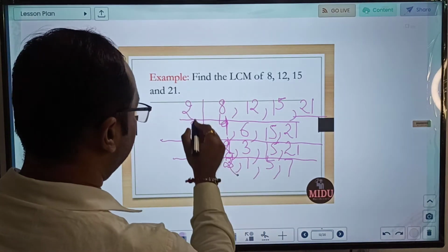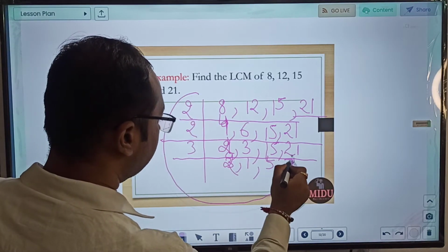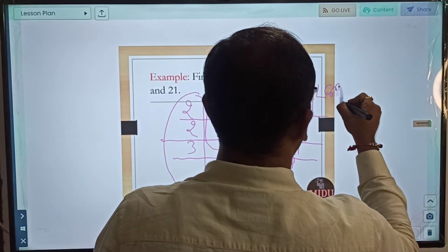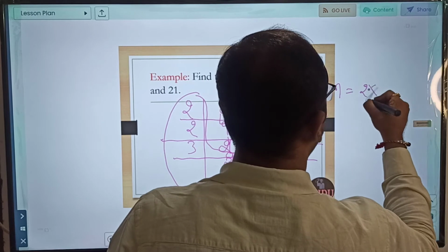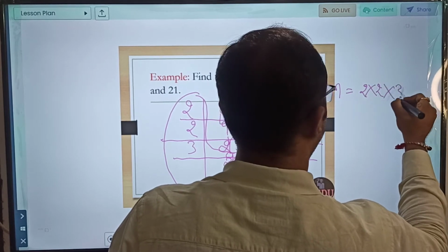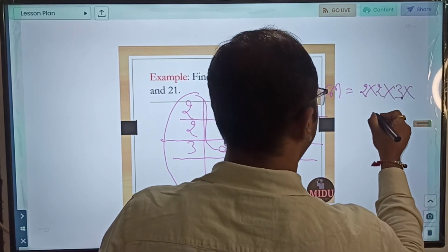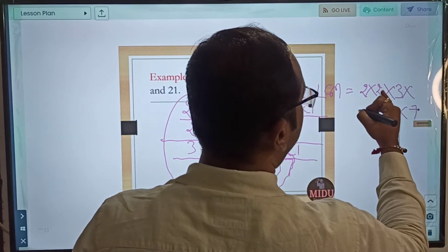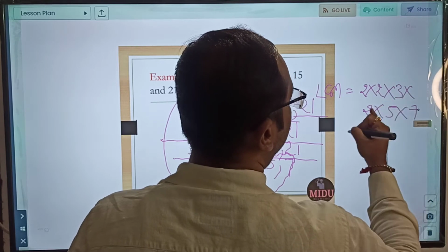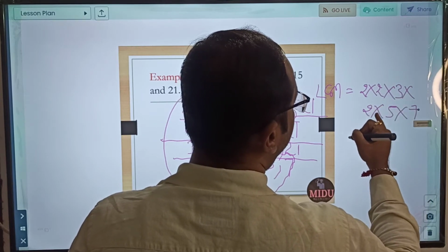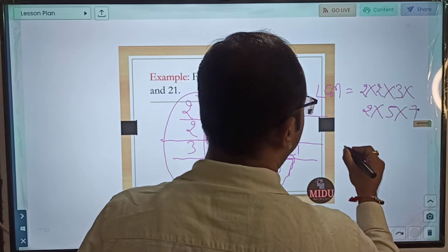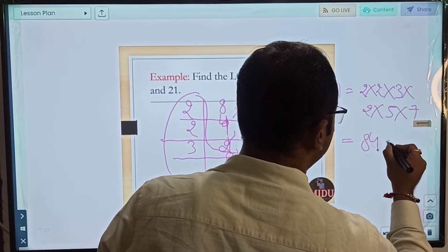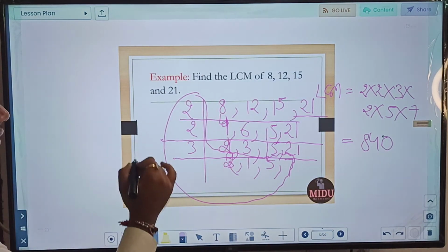All these numbers that are remaining, take all of them. So the LCM is basically 2 into 2 into 3 into 2 into 5 into 7. 2 into 2 is 4, 4 into 3 is 12, 12 into 2 is 24, and 24 into 35. If we solve this, we will get basically 840, and that is the LCM. So this was basically our long division method.